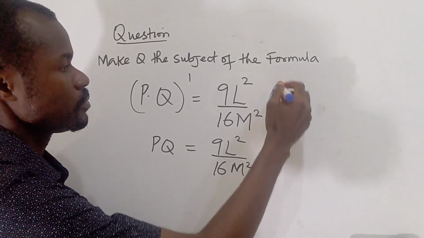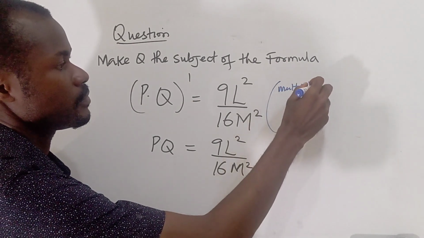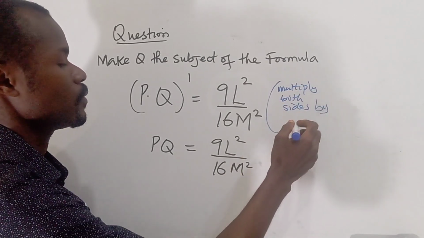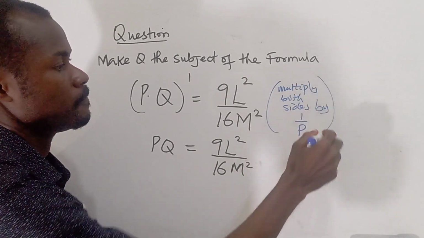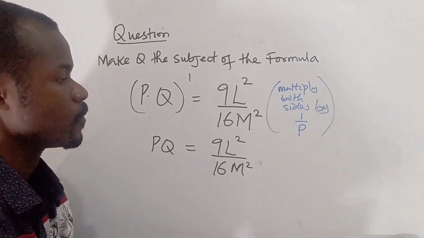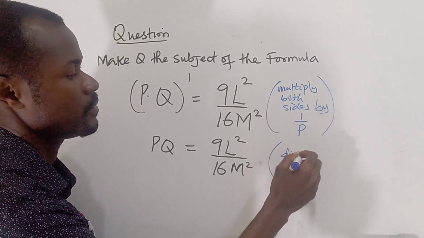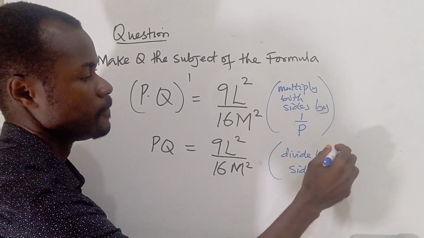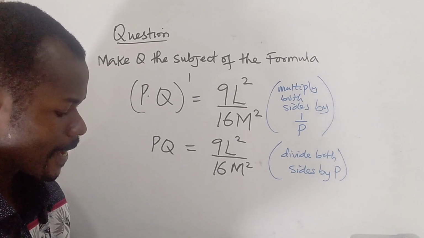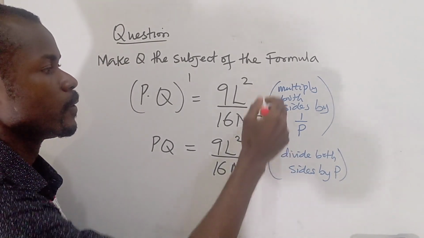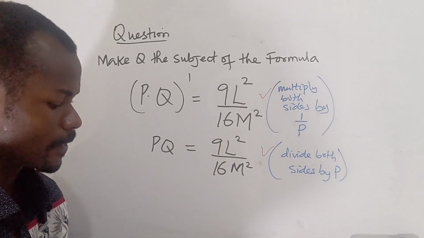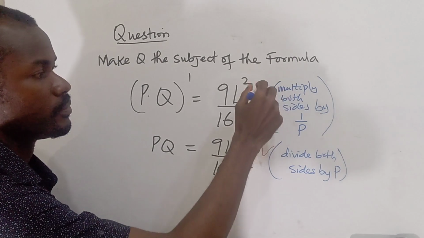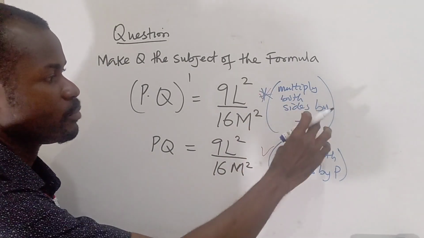I can multiply both sides by 1 over P, or we'll say divide both sides by P. So it's either you do this or you do this. But to make it easier, I'll prefer to use this one. So we are going to multiply both sides by 1 over P.